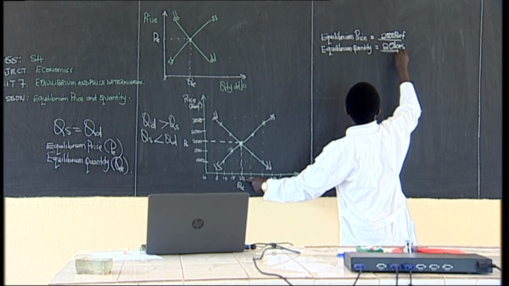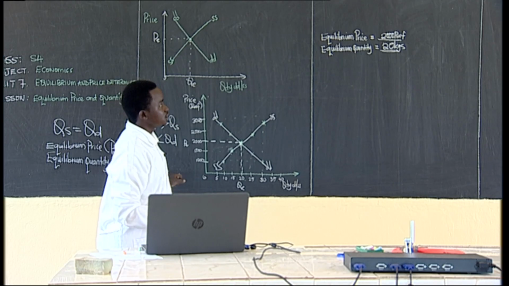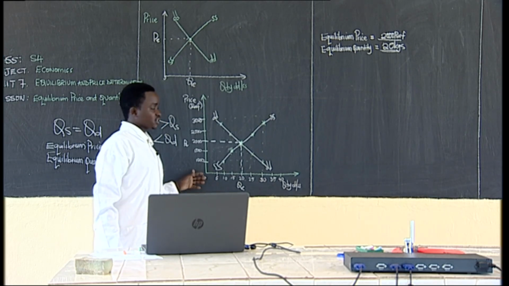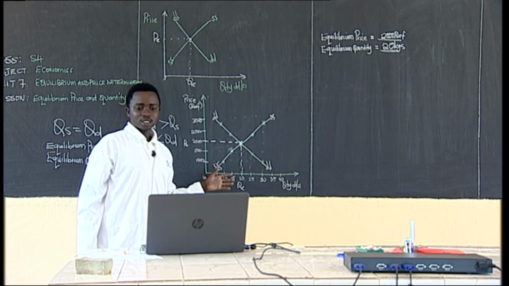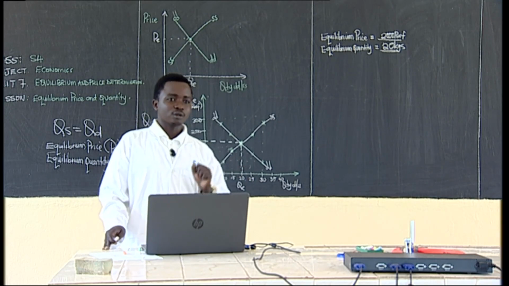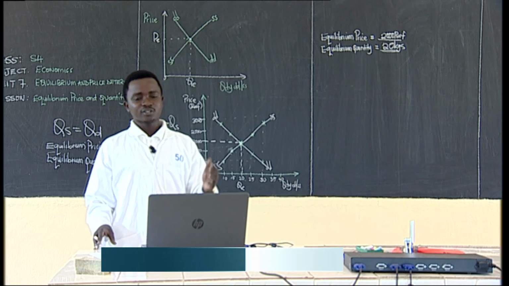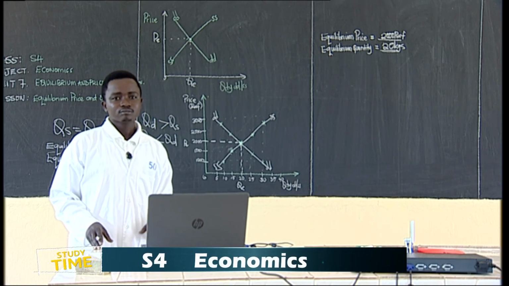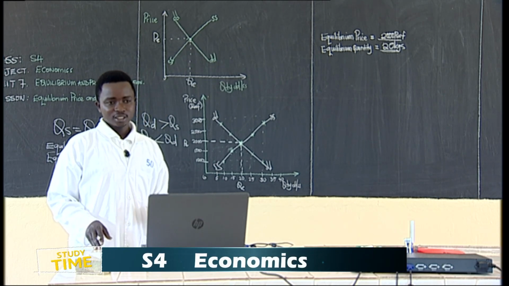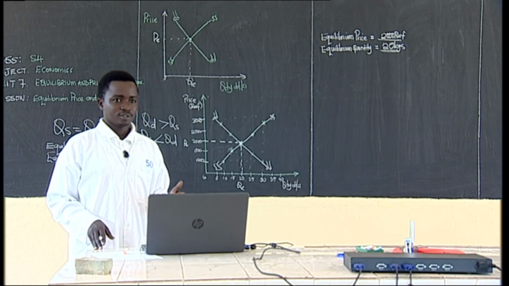So this becomes our equilibrium quantity, 20 kilograms, then our equilibrium price, 2,100 francs. So that's how you determine your equilibrium price and equilibrium quantity. You should be in a position now to plot quantity demanded and quantity supplied on the same graph and determine equilibrium price and equilibrium quantity. Very well.